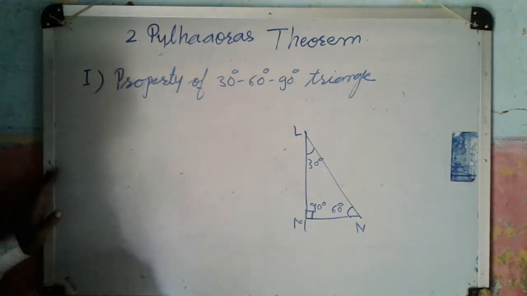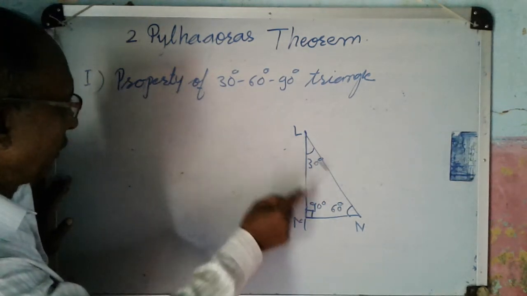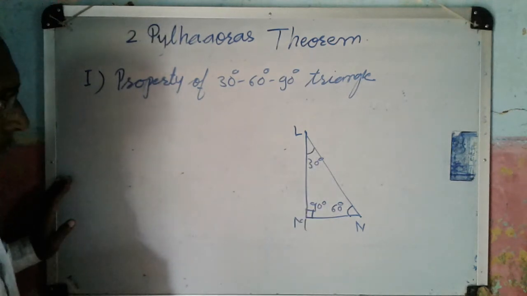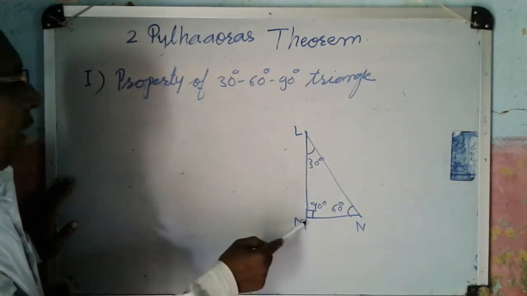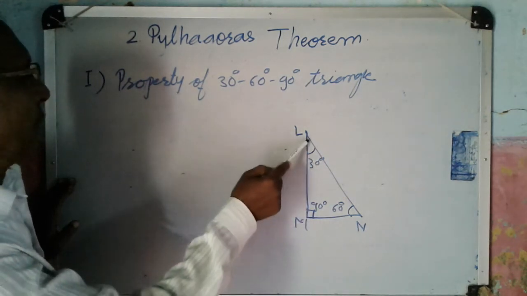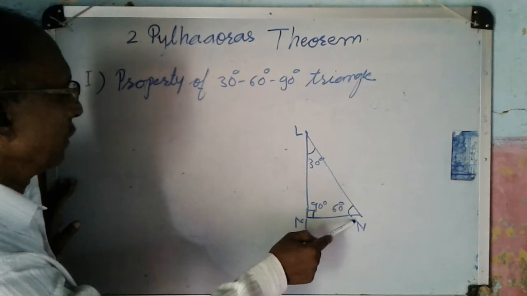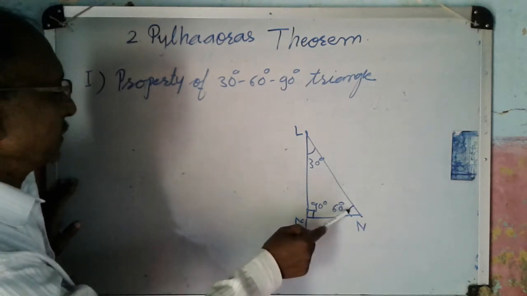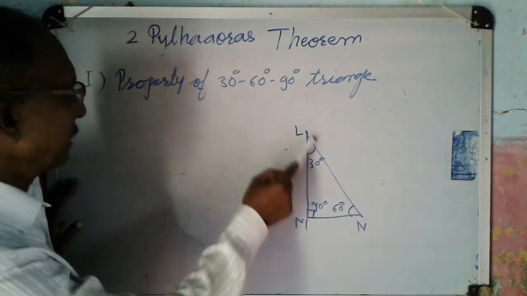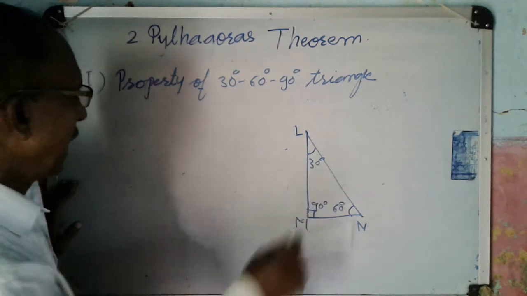Here the hypotenuse is the side opposite to 90 degrees.